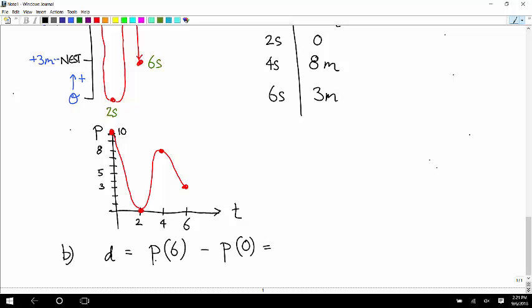So the position at 6 is 3 meters. The position at 0 is 10 meters. And so the displacement is negative 7 meters.